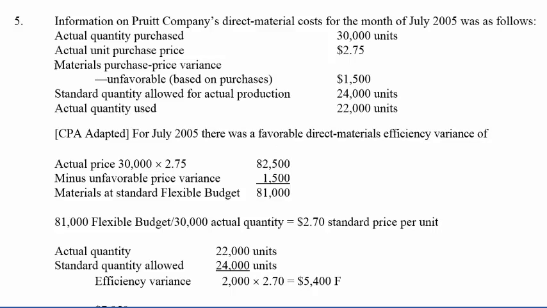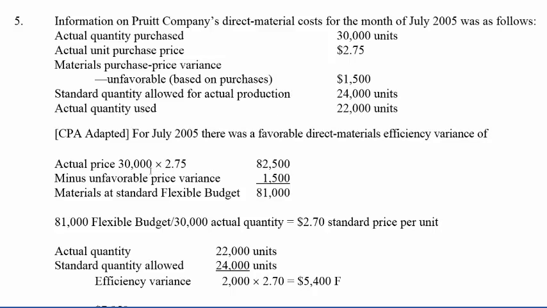They are telling us that we have a purchase price variance unfavorable to the tune of $1,500. So they are saying that our actual cost incurred was $1,500 more expensive than what we would have expected. All right, that means we paid more per unit for that material.